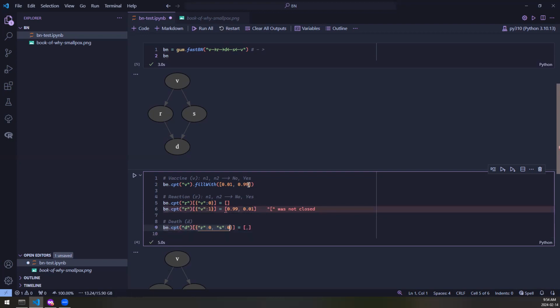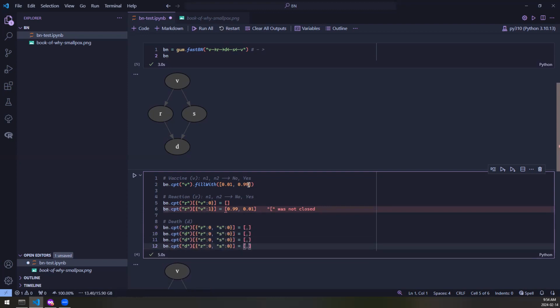I'm going to copy it again to have the 4 possibilities we should have for this CPT. For each of those lines, we should specify 2 numbers because those 2 numbers correspond to D, true and false. Again, the same structure we had before. So the first number will be no for D, the second number will be yes for D. So death: reaction false, smallpox false.